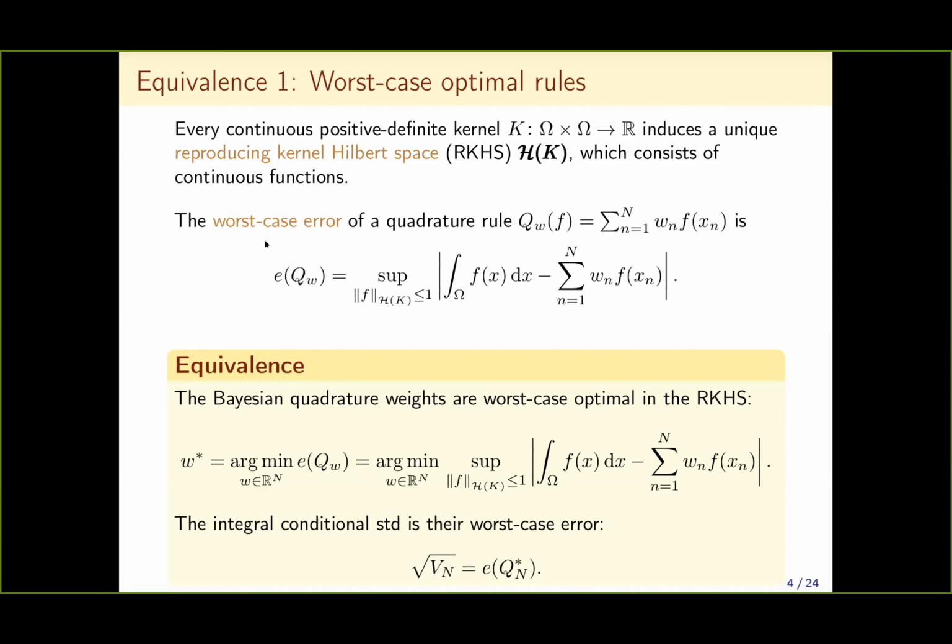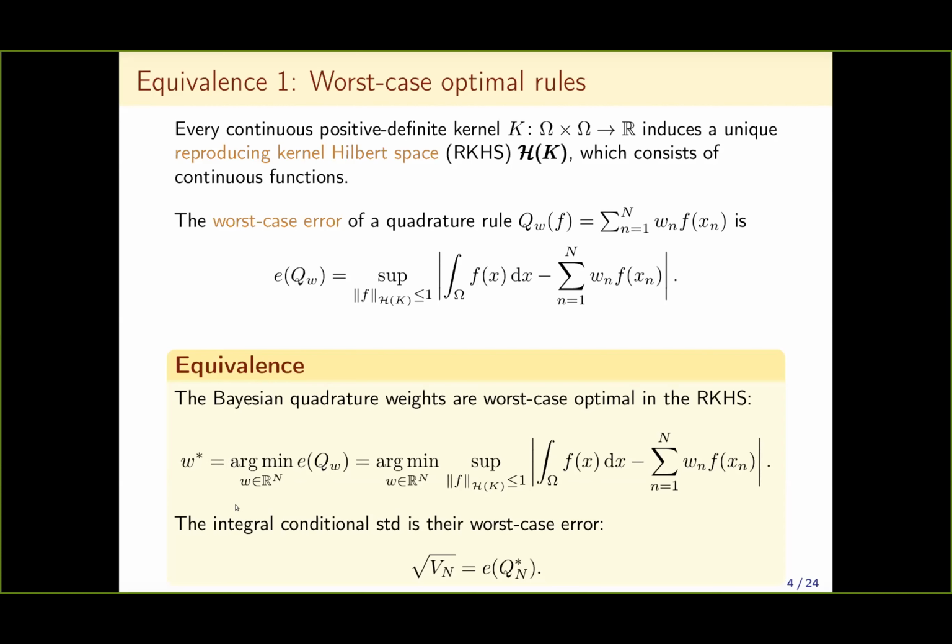And then it's quite easy to show that the Bayesian quadrature rule is actually the worst case optimal quadrature rule in this RKHS. So its weights, these W star, are the unique weights which minimize the worst case error for a quadrature rule which uses evaluations of our function at these points x_n.